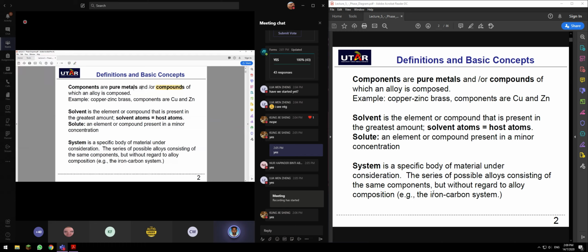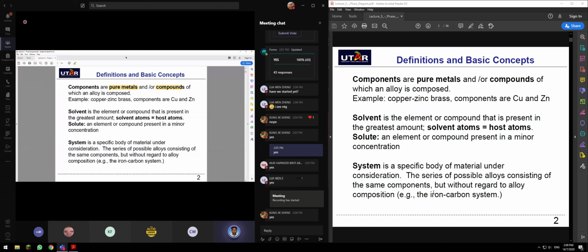If you are studying a pure metal, there will be only one material in the phase diagram. If you are studying two components, if you look at the phase diagram, there will be two materials on your x-axis, the horizontal line.